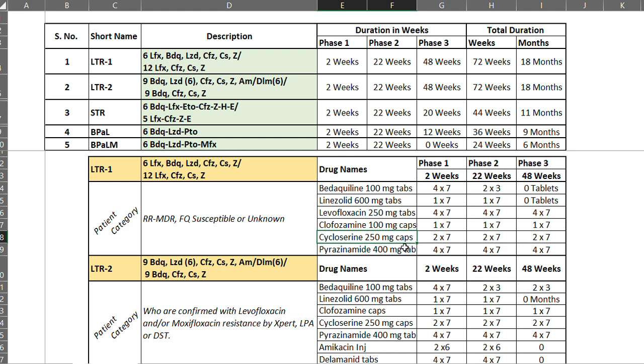Similarly, pyrazinamide will be given 4 tablets per day for 7 days a week during the first 2 weeks, then again for the next 22 weeks, and in the same way for the next 48 weeks. From the first day to the last day of the treatment, pyrazinamide will be given 4 tablets per day, 7 days a week, for all of the 72 weeks or 18 months.